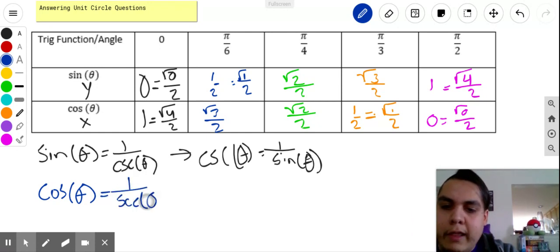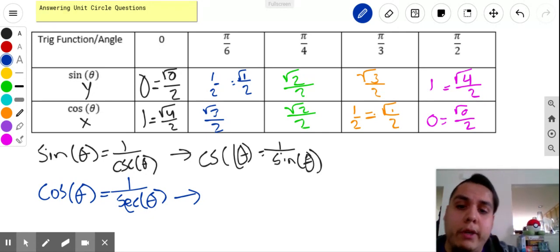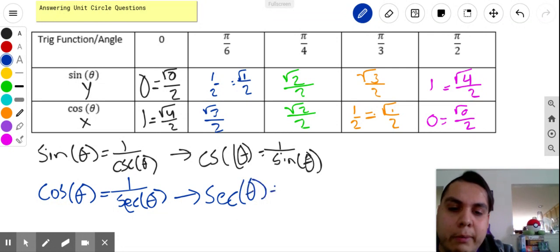And if you want to see why that's true, go back to the previous video or even just Google it. Look at the definitions of cosine. Look at the definitions of sine as like a trig ratio. And that'll help explain why I can say these statements in terms of how they're reciprocals of each other.